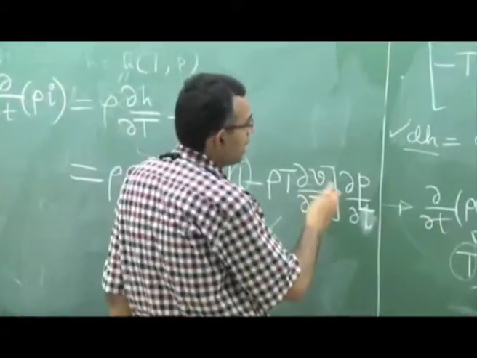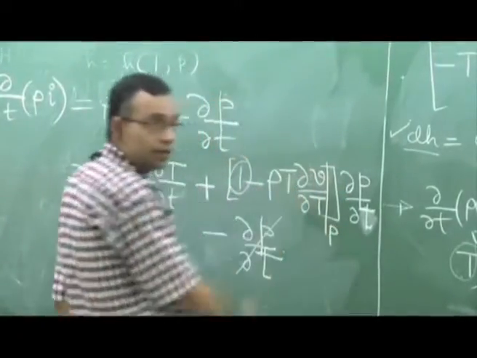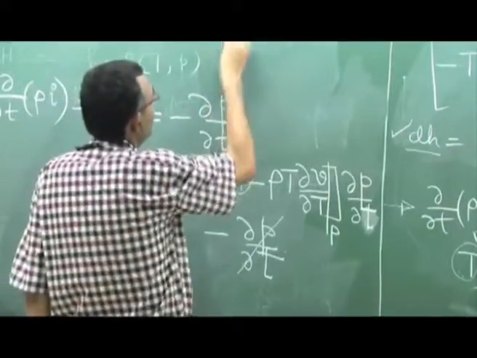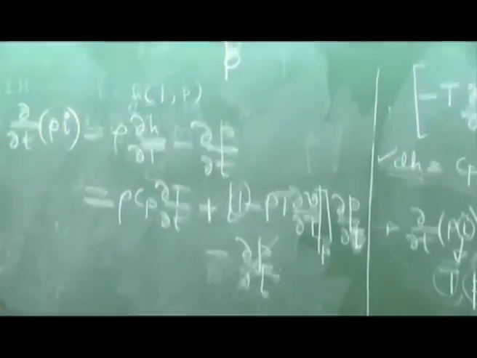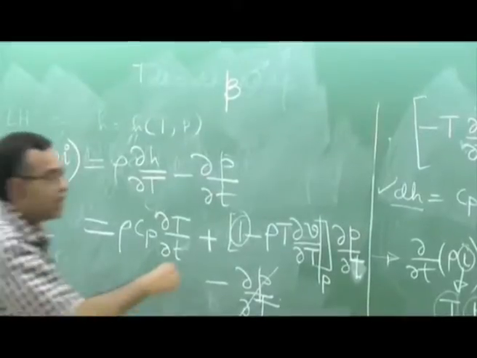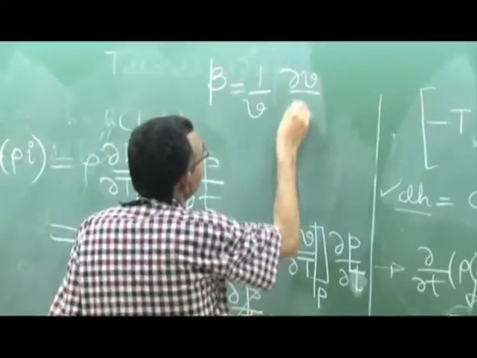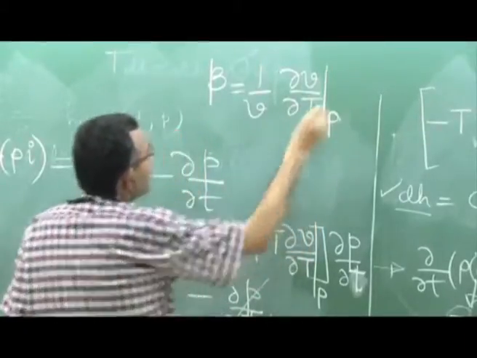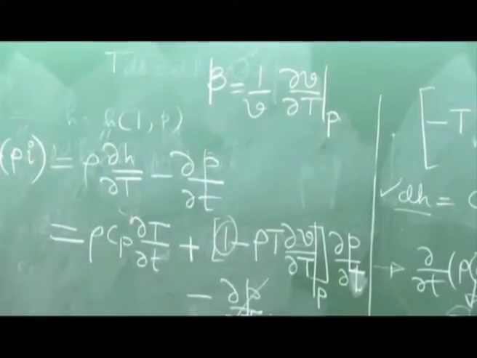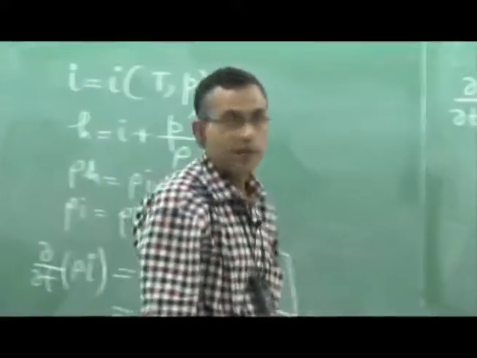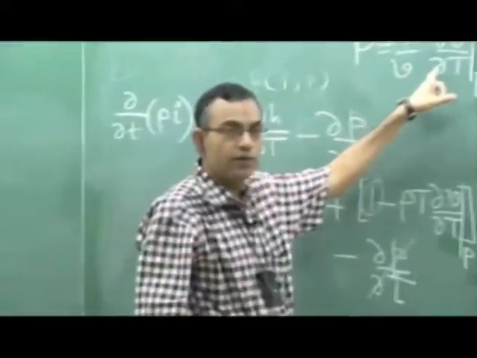Remember, this is del V del T at constant pressure, right. You have a term which is the volumetric expansion coefficient beta. Volumetric expansion coefficient is the change in volume per unit volume for each degree change in temperature. That is what is mathematically written in this form.